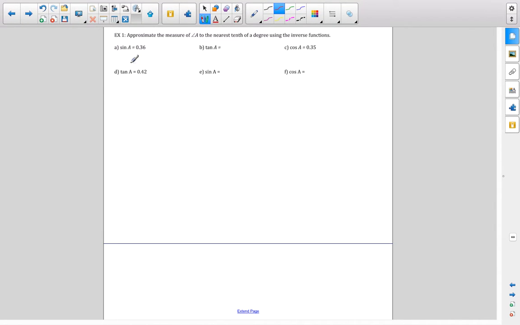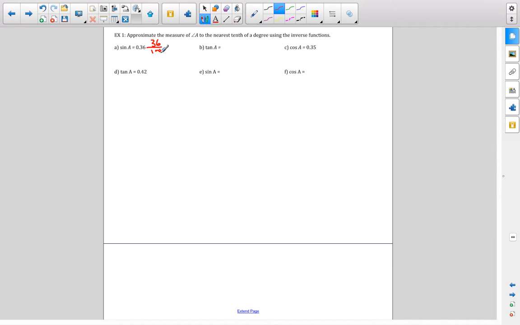So let's do some practice here. What we're doing is we're going to approximate this angle. Angle A, we don't know what it is, but we know the opposite to the hypotenuse has this ratio, which means 36 over 100, 36 100ths. So that's how the opposite compares to the hypotenuse.